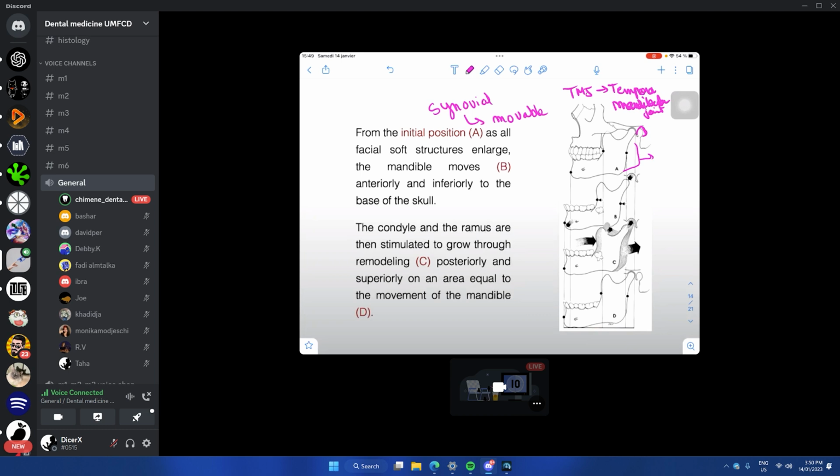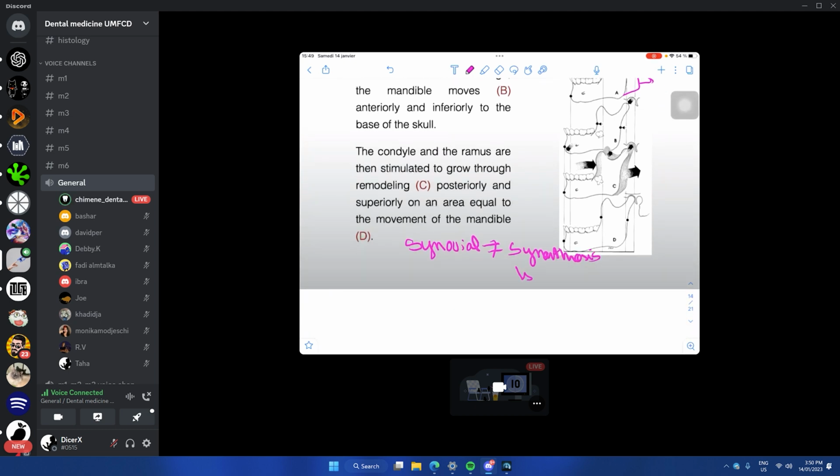And the main difference between a synovial joint and synarthrosis: synarthroses are those joints that we can find in the periodontal ligament, but not only the periodontal ligament, also the sutures of the skull.